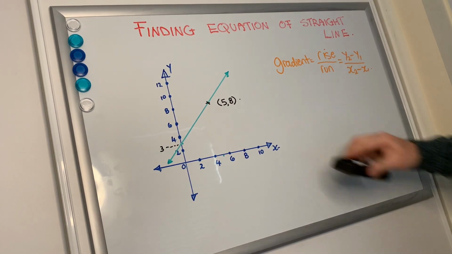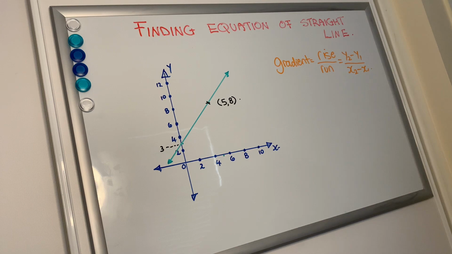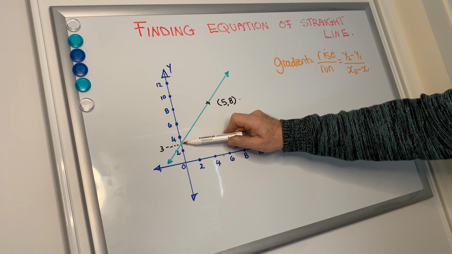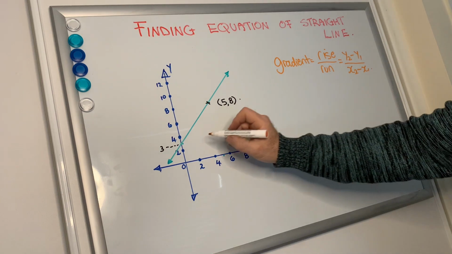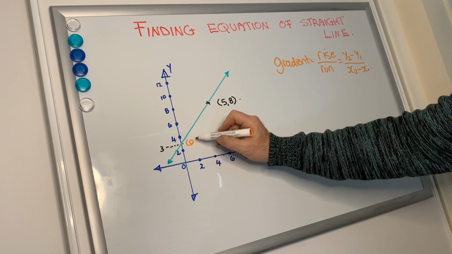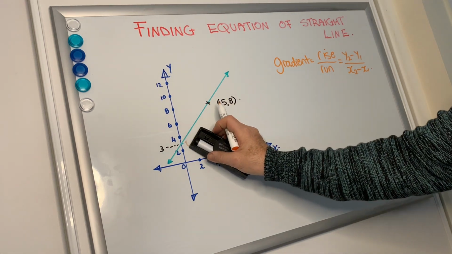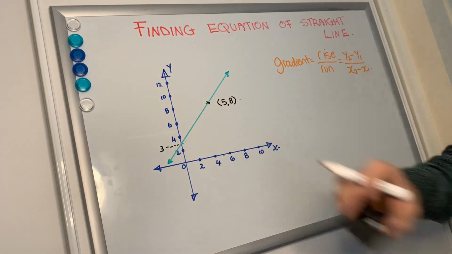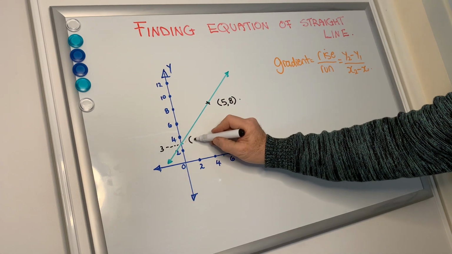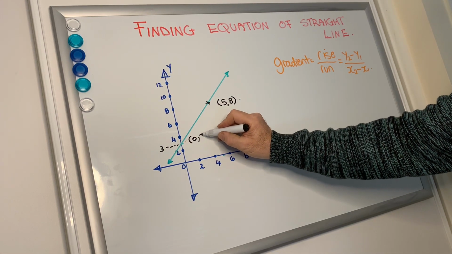Now, when we're looking at finding the equation of a straight line, in this instance, we do actually have a y-intercept, and it is 3. So I've nominated a y-intercept of 3. You can call this coordinate 0, 3.